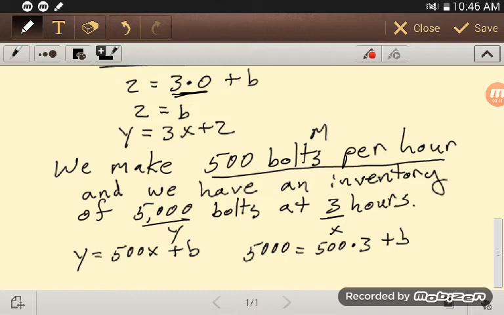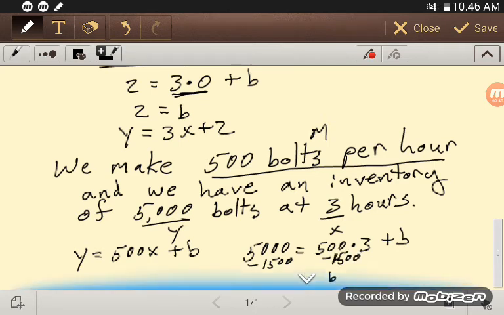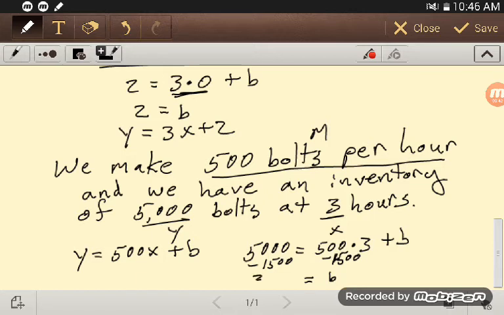That's 1,500. I'm going to subtract 1,500 from both sides, and I get that my b is equal to 3,500.